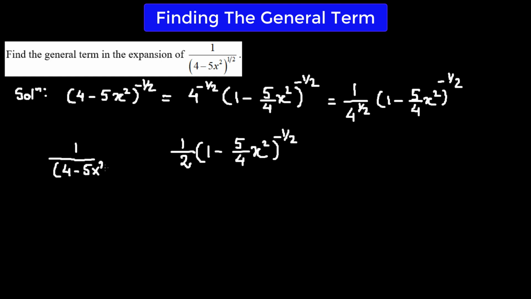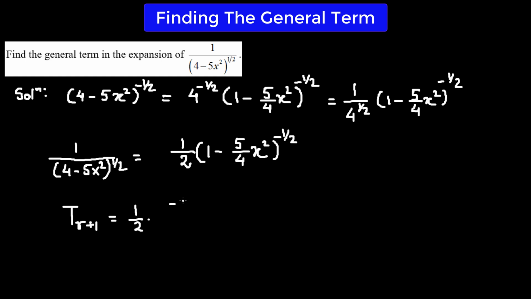Now we have to find the general term. So the general term is given by T_{r+1} equals, so we consider the half first, and now we apply the general term formula for the binomial expression.